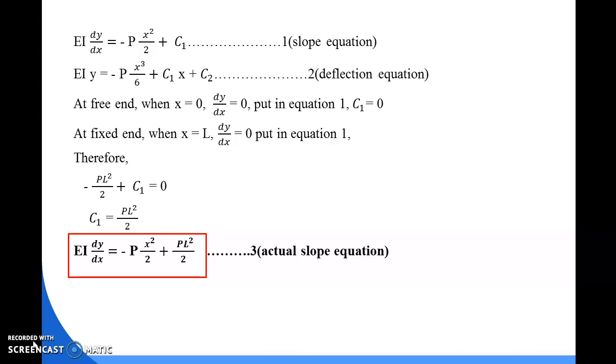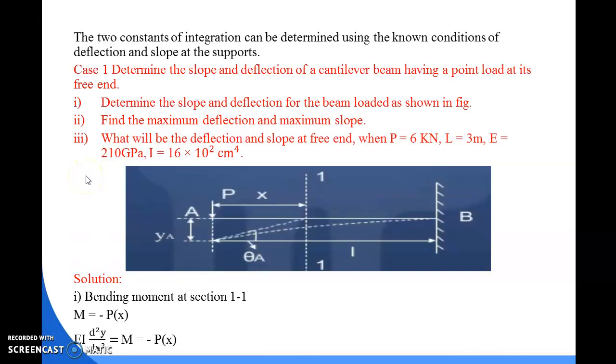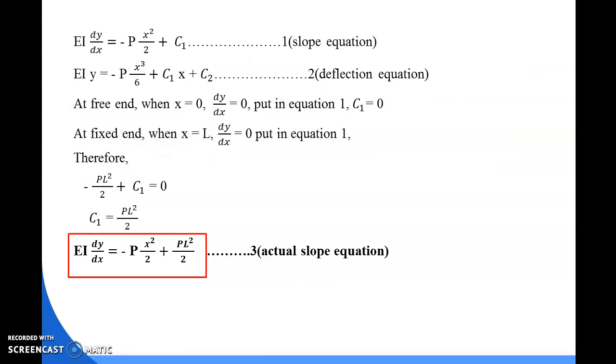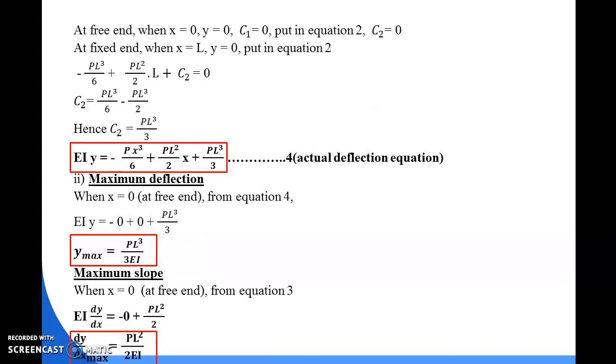So in the last class we started the derivation part of the cantilever beam subjected to one point load at the free end, and today we will continue from this part.